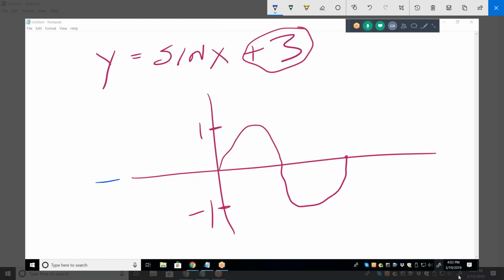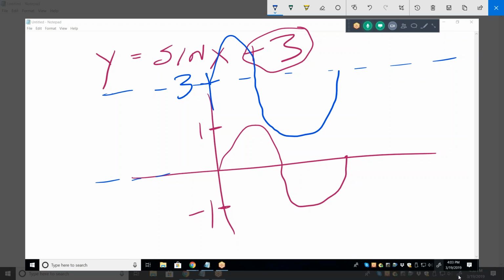The current line of symmetry is right there, so I'm going to move it up to 3, draw a new line of symmetry, and draw my curve about that line of symmetry. So it goes up to 4, goes down to 2. Still goes to 2 pi. I did not change the period.